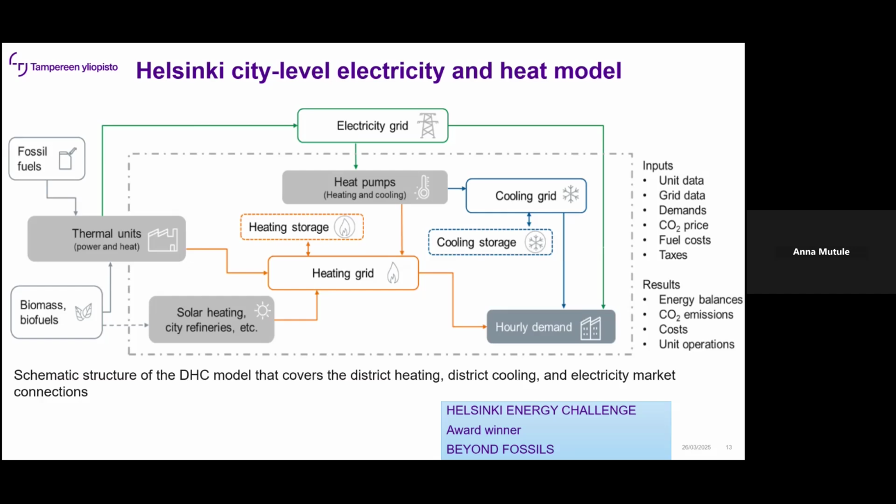The use of regular technology-neutral auctions enables the city to quickly adopt the most efficient and innovative clean heating solutions available year by year. So the model itself and the approach presented are kind of flexible.